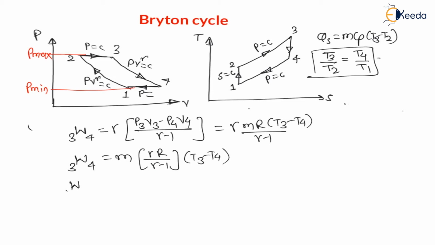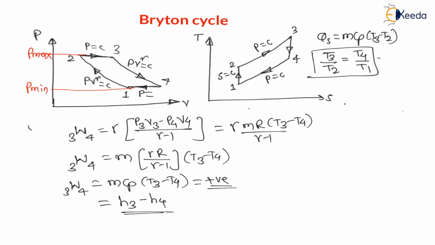Therefore work 3 to 4 is equal to M Cp into T3 minus T4. And my dear students, the answer will be positive because it is an expansion process and work of expansion is always positive. And in terms of enthalpy difference, this work becomes equal to, now M Cp T3 is H3 and M Cp T4 is H4, H3 minus H4, and answer will be positive here.